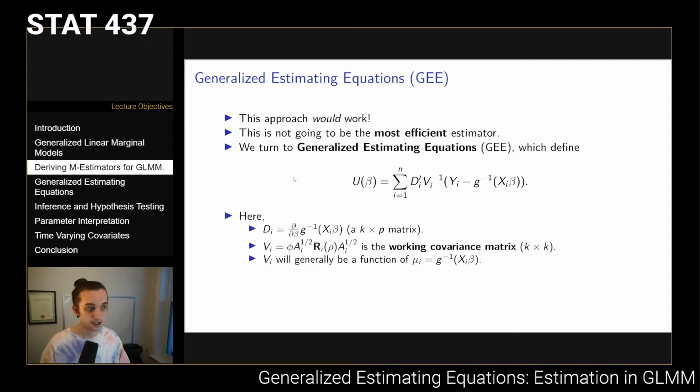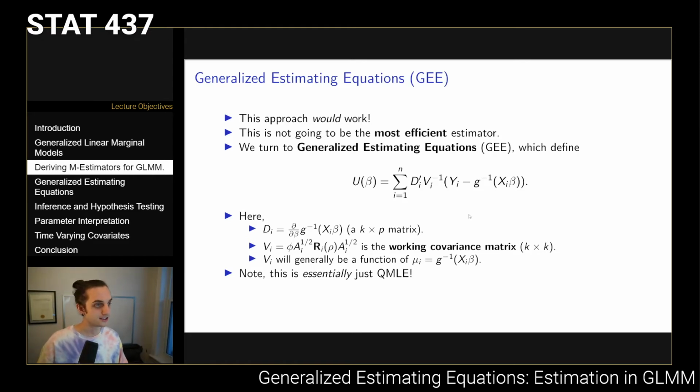Typically, we're going to take V_i to be a function of our mu's, and it's going to depend on exactly what type of data we're looking at. So the first point that I want to make is that this is essentially just quasi-maximum likelihood, right? If you actually look at the quasi-maximum likelihood estimators, they're doing basically this situation here.